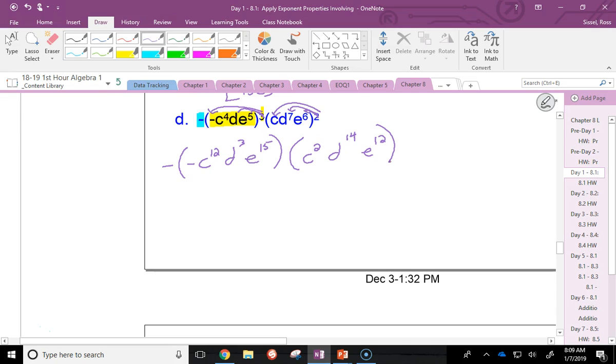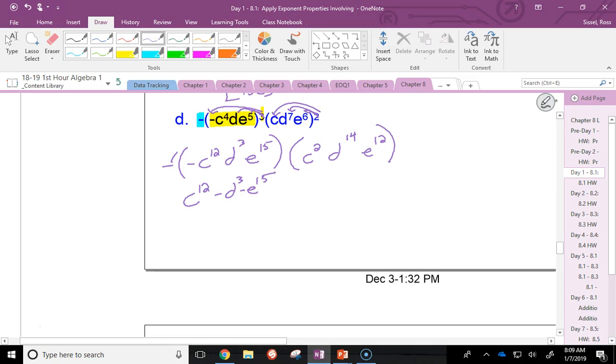Before we go on, let's get rid of this negative now, because now this has to go in there. So when I do the negative times everything in here, I'd have c to the 12th, d, oops. The d is going to be negative, and then negative e to the 15th, because we're distributing that negative through.